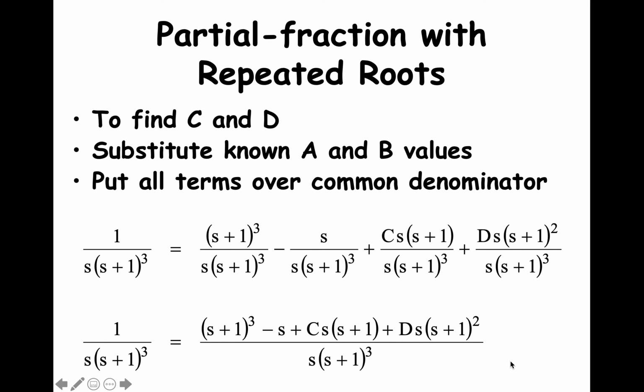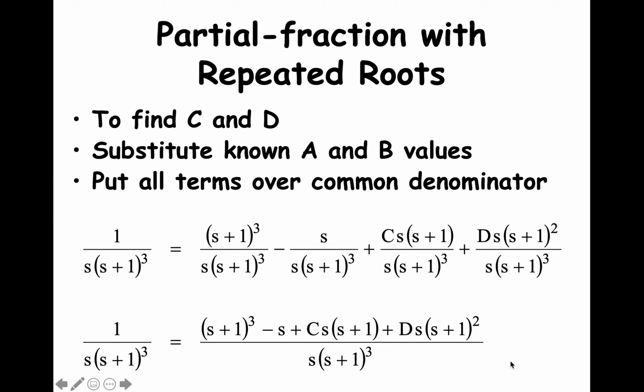Then the next term is multiplied by s over s. The next is multiplied by s times (s plus 1) over s times (s plus 1). And then the last term is multiplied by s times (s plus 1) squared over s times (s plus 1) squared. Note that we are multiplying each term by 1 because the numerator and denominator are the same.